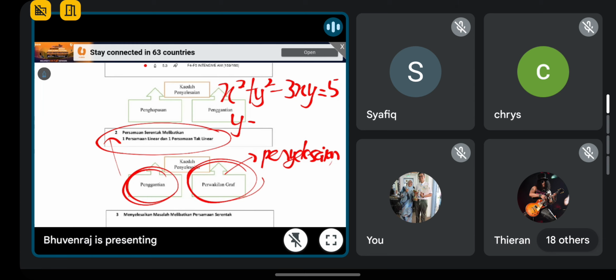Okay, so next one. Yang ni mereka tukar sikit lah. Okay guys, dari sini ke sini, apa mereka buat sebenarnya? Can anyone tell me? What is the step they do over here? Apa mereka nak buat kat sini? This part, yang ni.